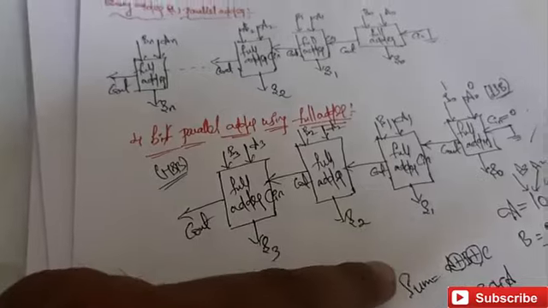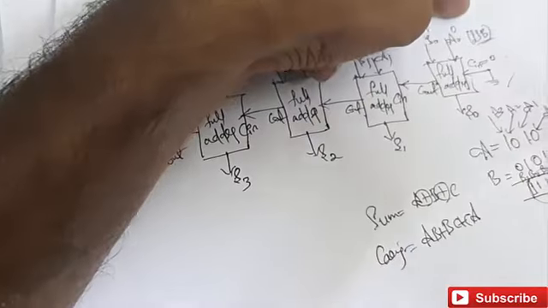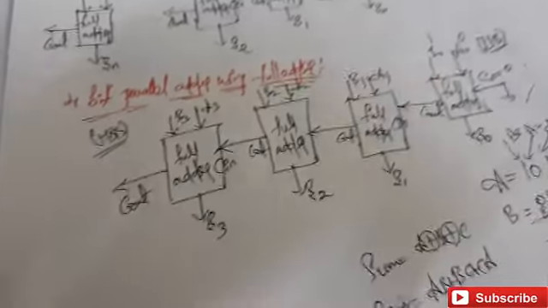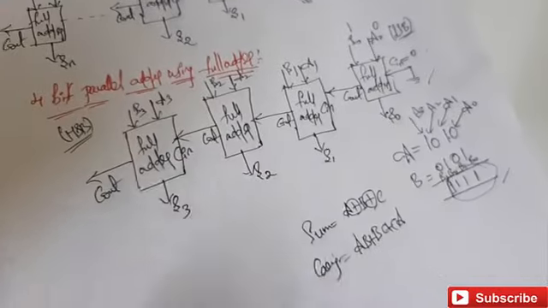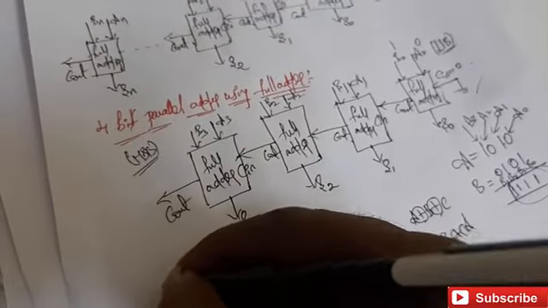Now if you want the sum, you have to do the XOR operation, right? Here 1 XOR 0 XOR 0.